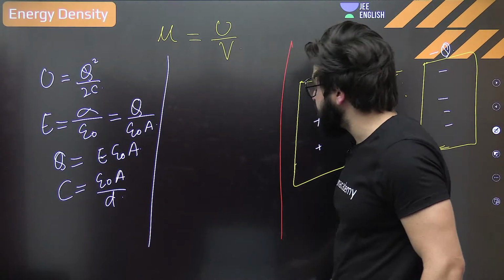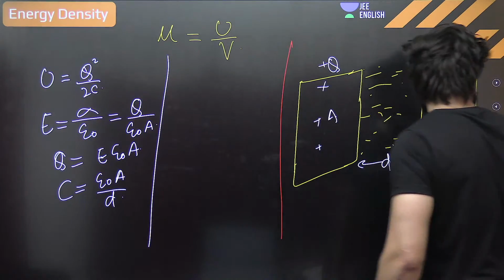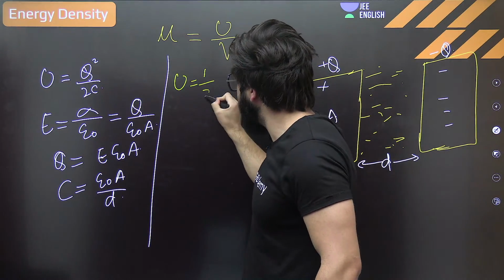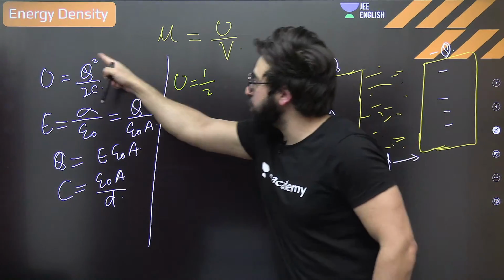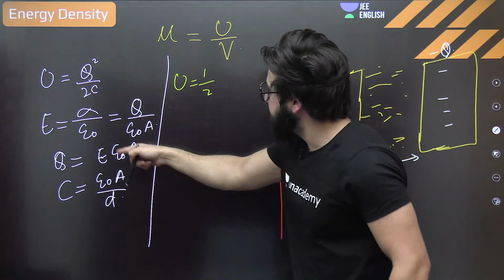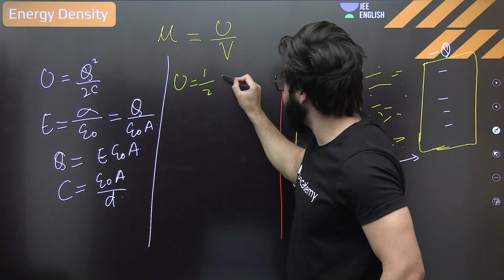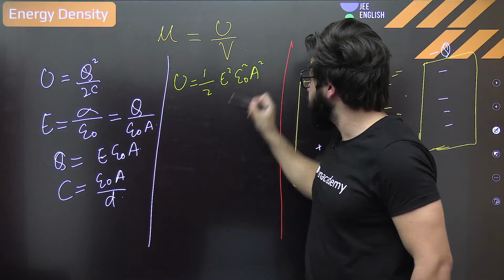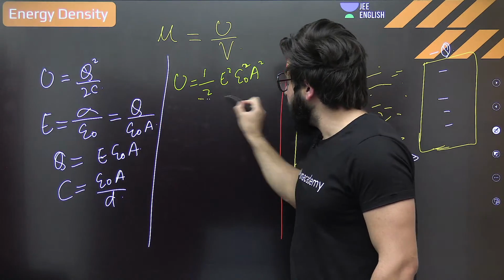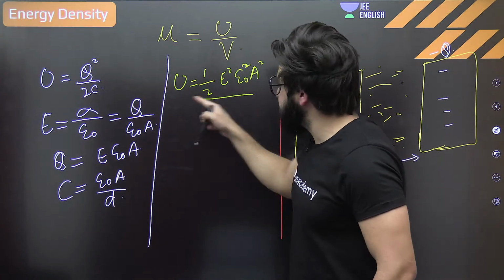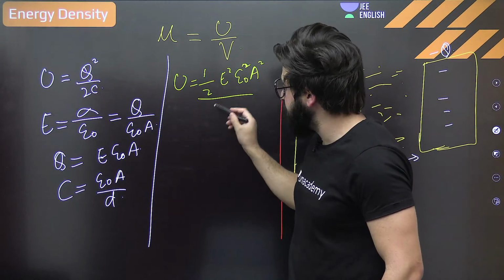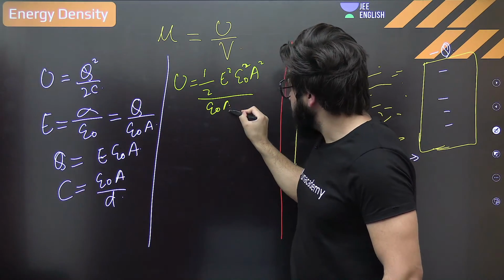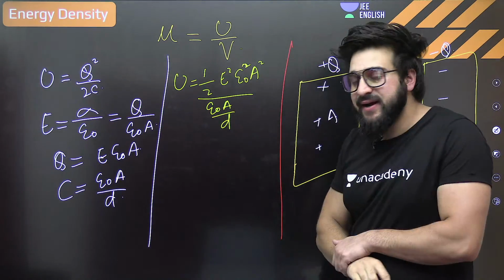So I'll just write it over here. In this case, U will be nothing but 1 by 2, taking the 1 by 2 out. Instead of Q, I put this, so Q square becomes E square epsilon naught square A square, upon 2 into C, which is 2 into epsilon naught A by D. Exactly, 100%.